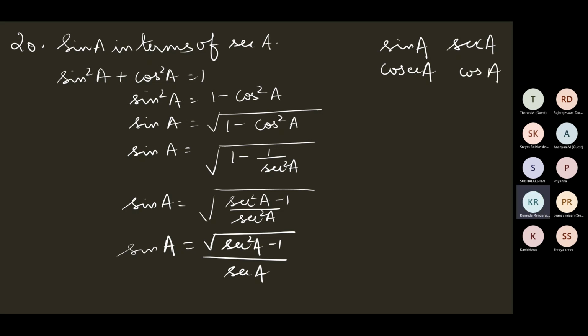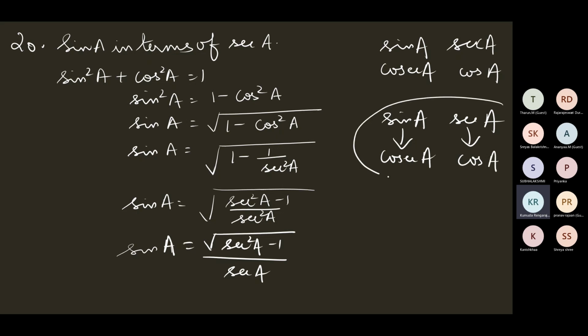Because even if you have cosecant, you can write it as sine, because they are reciprocal ratios. So you need to look for a relation or an identity that connects sine A and secant A, or cosecant A and secant A, or cosecant A and cos A, any two of these.